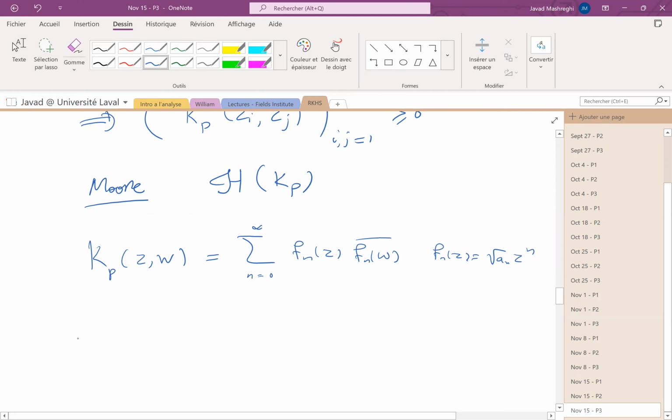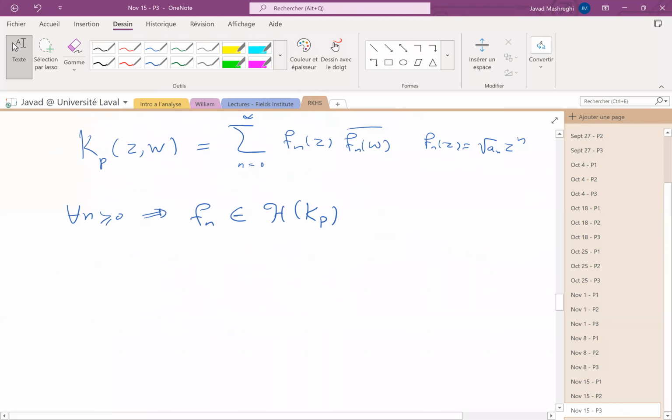The previous observation says that for any n, fn is in H of Kp, but it is important when an is not equal to 0.